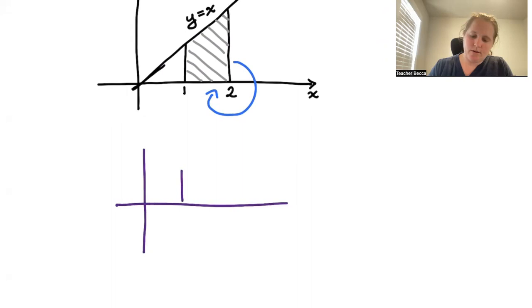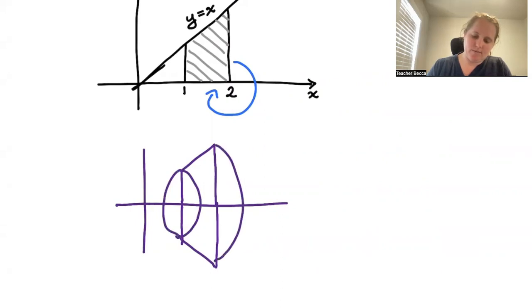Our sort of trapezoidal region will be reflected over the x-axis, and then we just make all of those into rings, essentially. So it winds up being essentially a chunk of a cone missing its top, with the cone on its side. So we're running from 1 to 2 in terms of the x values.